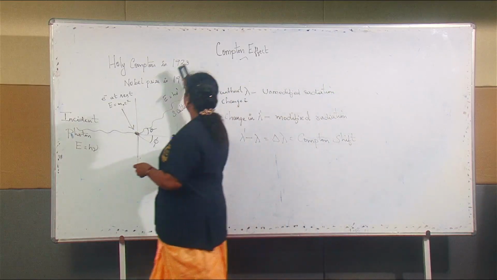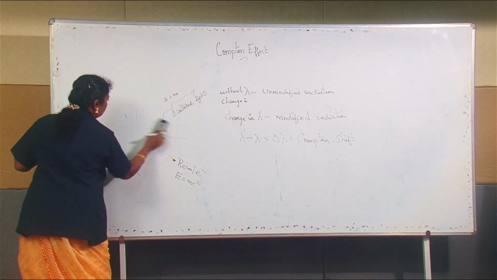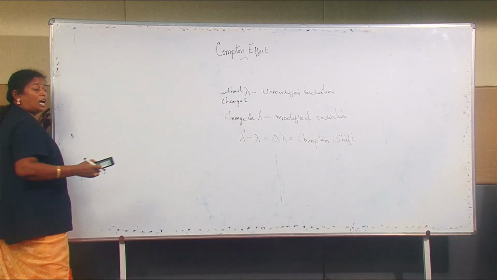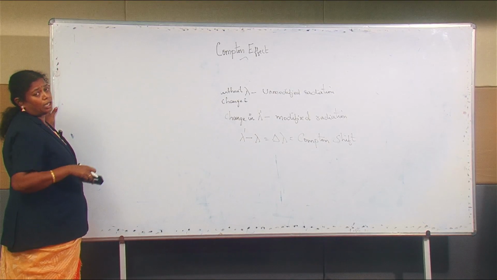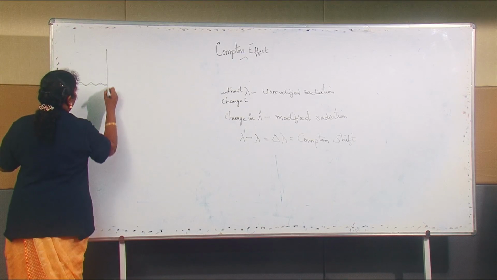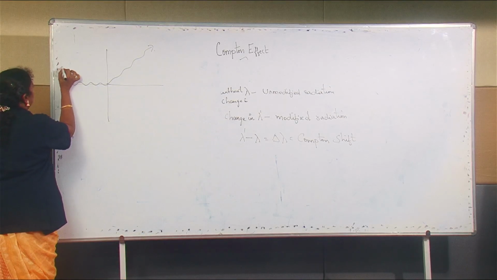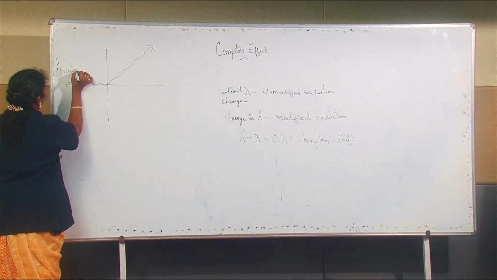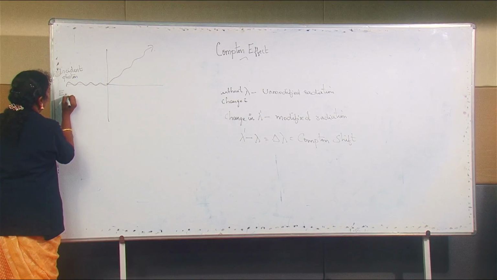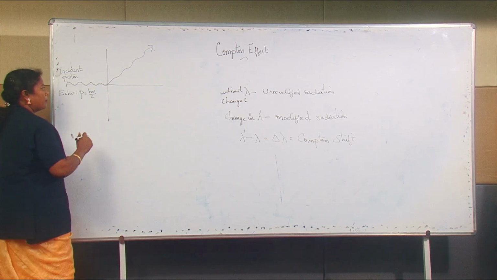It depends on what factor? By the law of conservation of energy and momentum, we are going to derive this Compton shift. It is an incident photon of energy E is equal to h nu and momentum h nu by c.